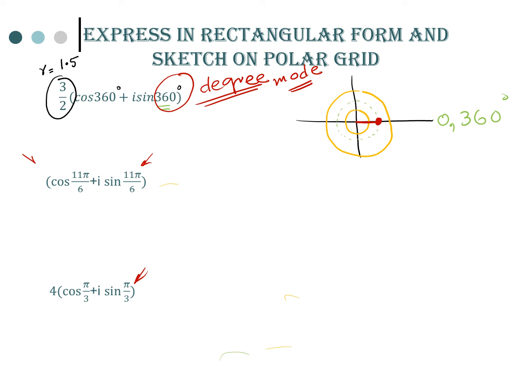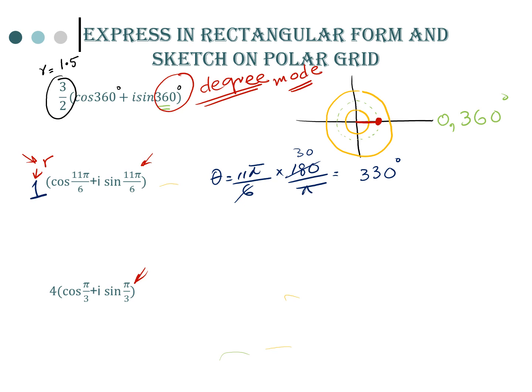Let's see the second question. How can we sketch this? Now in place of r, you can see no number is written, and if no number is written, it means 1 is written. So your r is 1 and your theta is 11 pi over 6. To convert 11 pi over 6 into degrees, just multiply by 180 over pi and you will get 330 degrees.